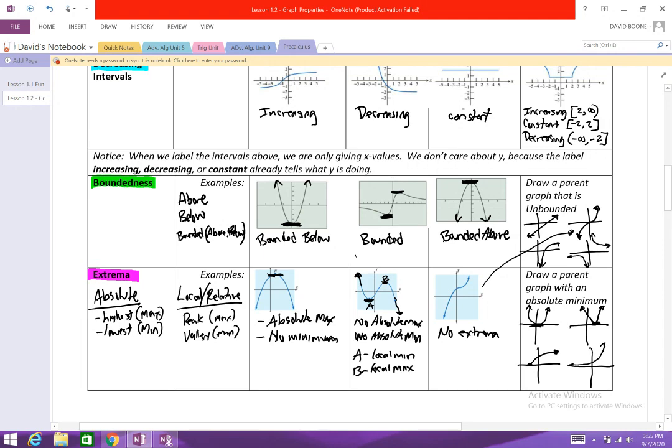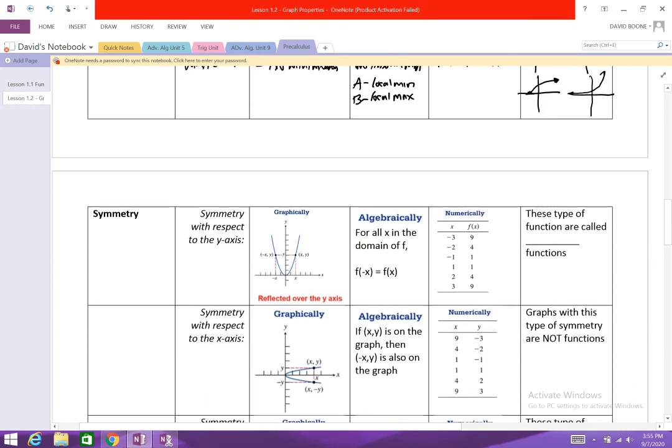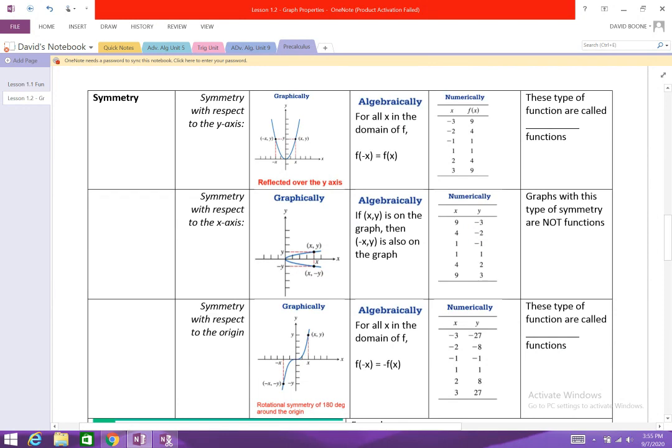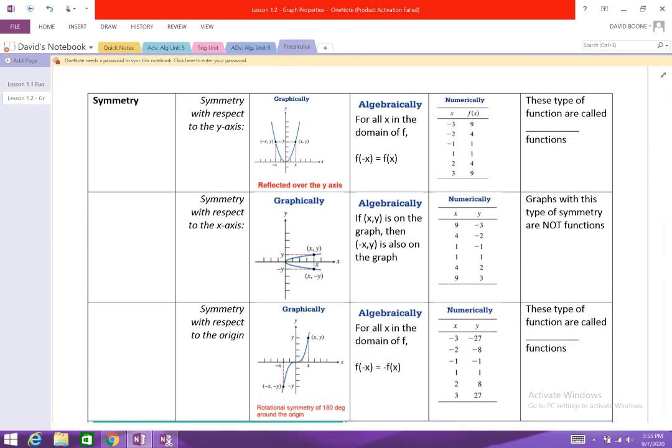All right, I'm going to move on here a little bit. Let's talk a little bit about symmetry. All right. So we're going to look at symmetry with respect to the y-axis.